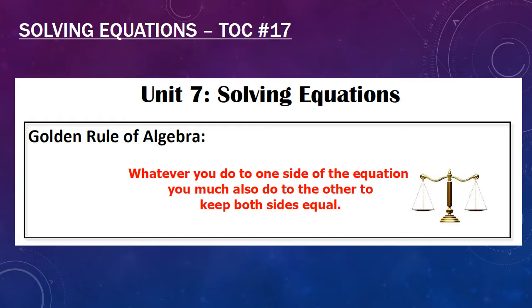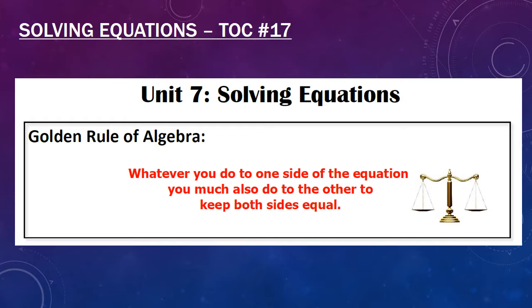So we talked about in class, and we showed you some visual models of solving equations, and when we did that, whatever we did to one side, we had to do to the other side to keep them the same. If you were to do something to one side and not do it to the other, then it unbalances the equation and it doesn't make it equal anymore.